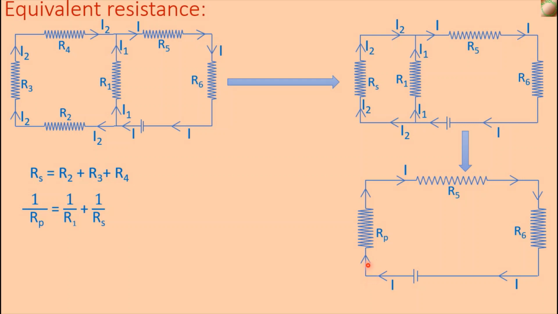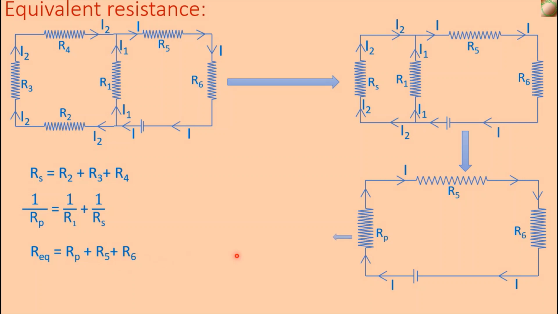Therefore we can say these three resistances are connected in series, and their equivalent resistance will be R equivalent is equal to Rp plus R5 plus R6.